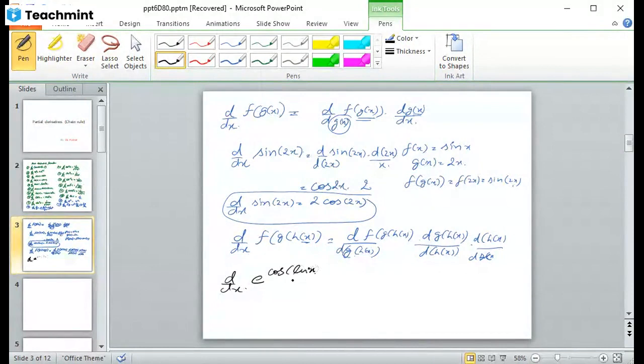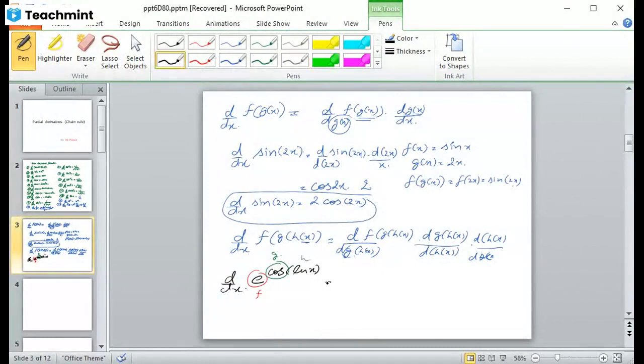So what is your f? F is your first function. Here f is your exponential. This is your f. And what is g? G is your cosine function. This is your g. And what is your h? H is your logarithmic function. This is your h. So how are we going to differentiate it?